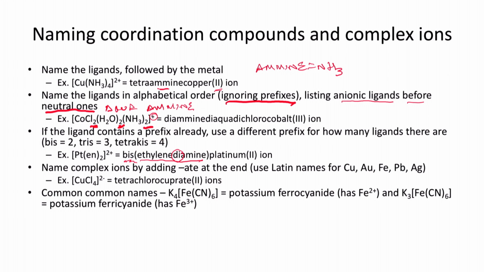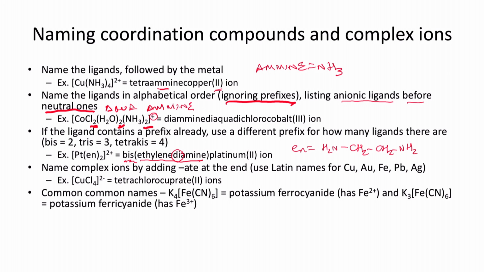So this is going to be bis(ethylene diamine)platinum(II) ion. En is my abbreviation for ethylene diamine, which basically has 2 amino groups separated from each other by 2 carbons.